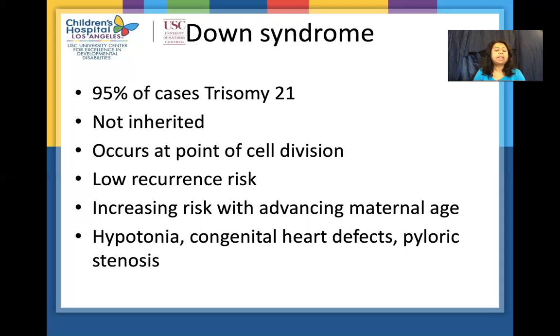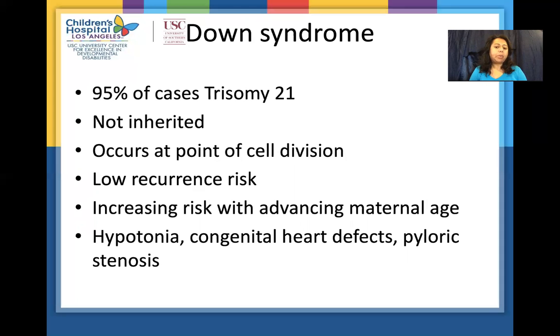It is typically happening at the point of cell division when the egg is being created, that rather than having only half the number of the chromosomes, for some reason, there's an additional chromosome 21 left in the egg. Typically, there's a low recurrence risk for trisomy 21.